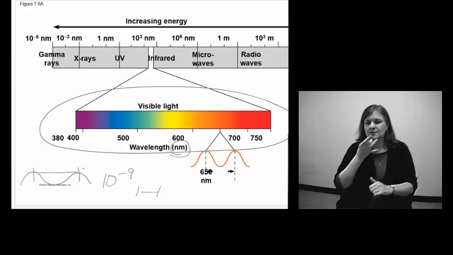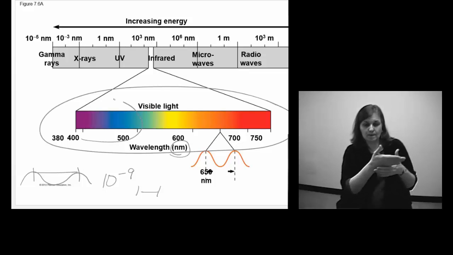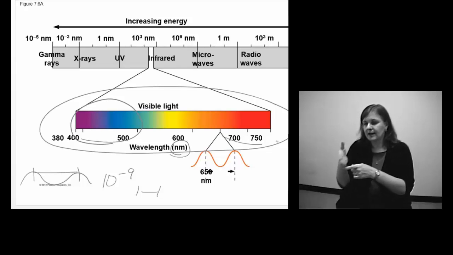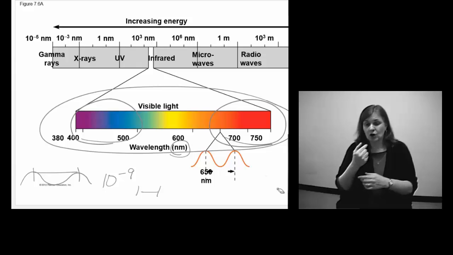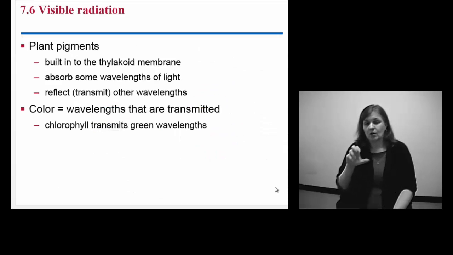Most of the light that we're going to use for photosynthesis is in this blue spectrum and in the red spectrum. How do we know that? Keep in mind that most plant pigments are green when we talk about chlorophyll.